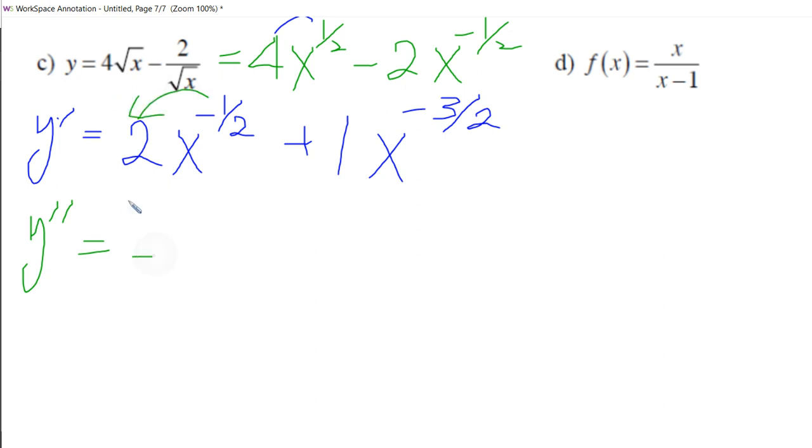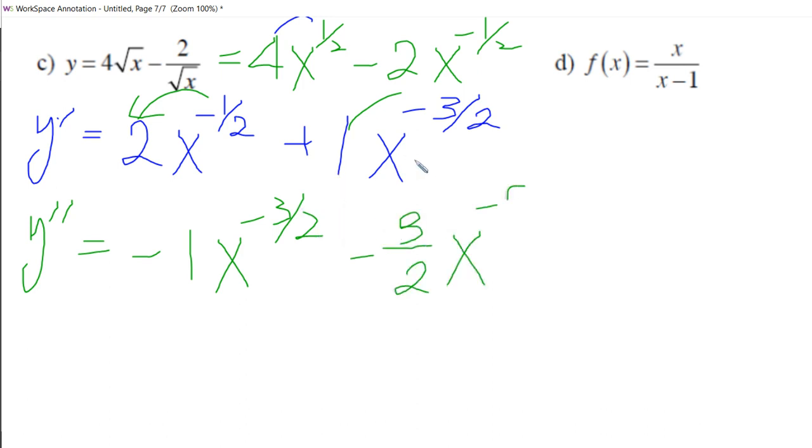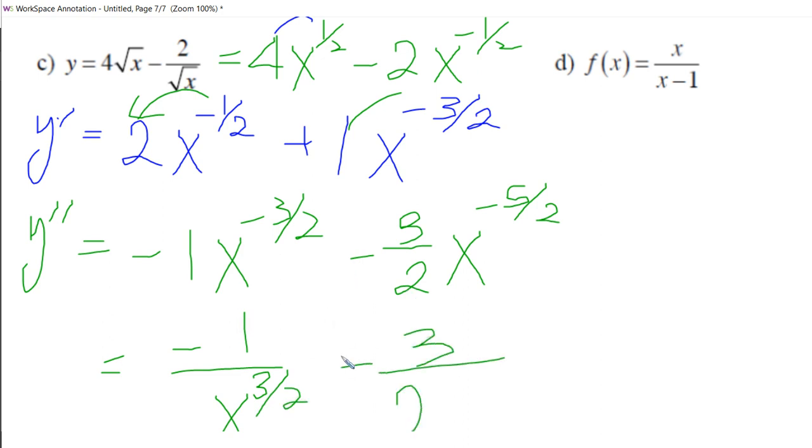Multiplying gives negative 1, take away 1, negative 3 over 2, and multiplying by negative 3 over 2 and taking away 1 gives negative 5 over 2. If I were to make this fancy, I'm just going to bring that down, and that's it.